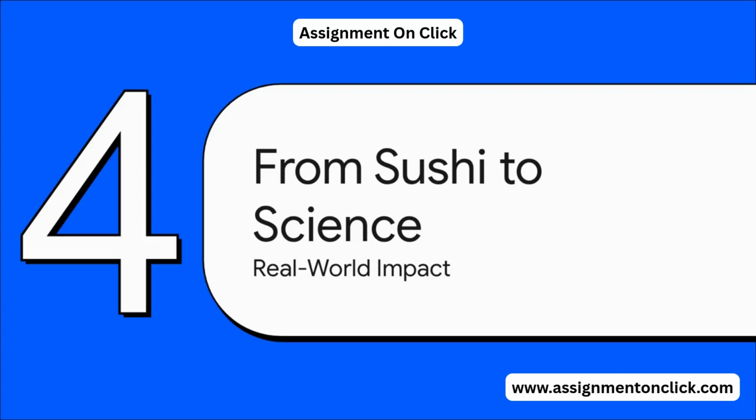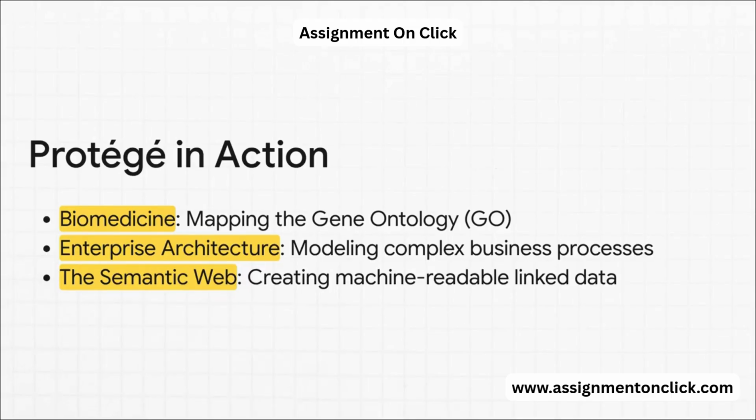Okay, look, a smart sushi menu is a fun example, right? But what happens when you apply this very same logic to science, to global business? The same principles that figured out our nigiri are changing the world in some really profound ways. The same principles we just used for sushi are being used right now to map the entire gene ontology, helping scientists understand the incredibly complex relationships between genes and diseases.